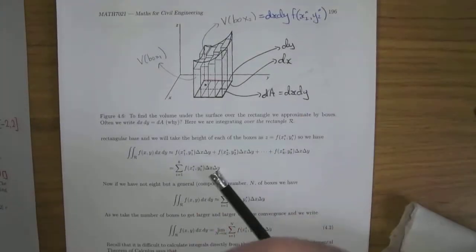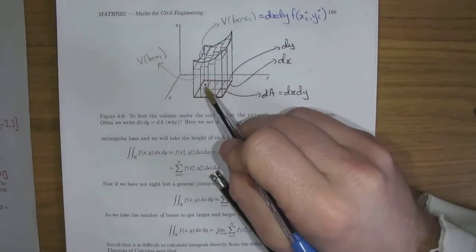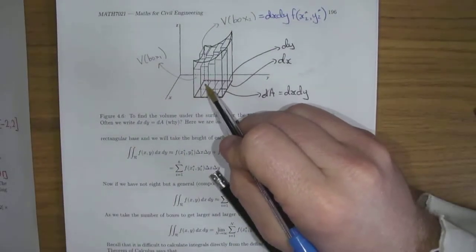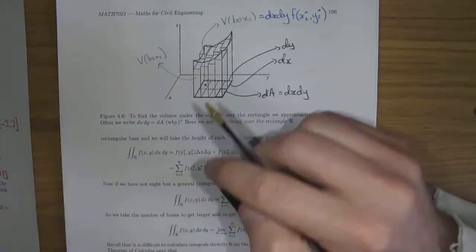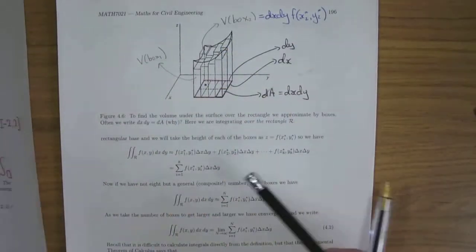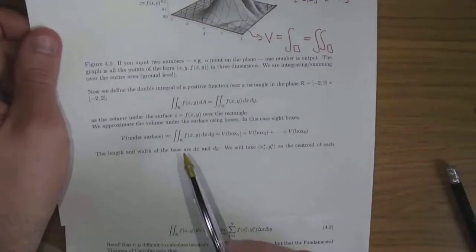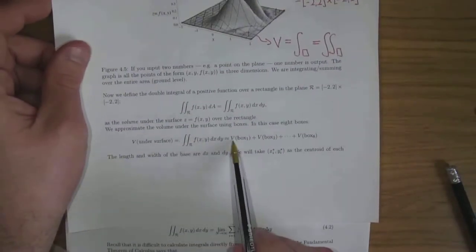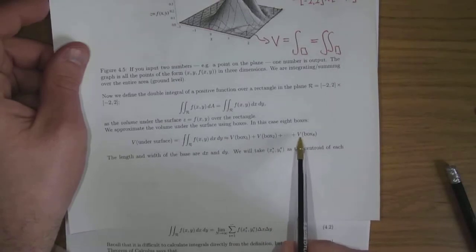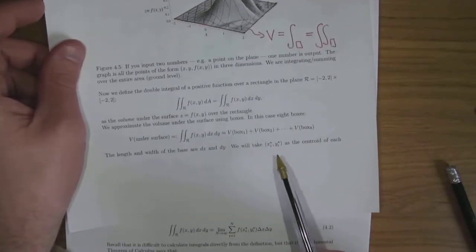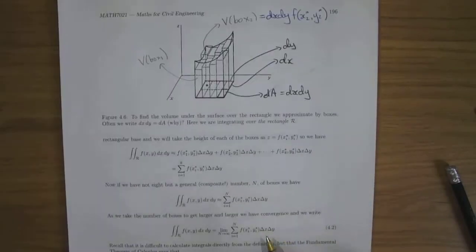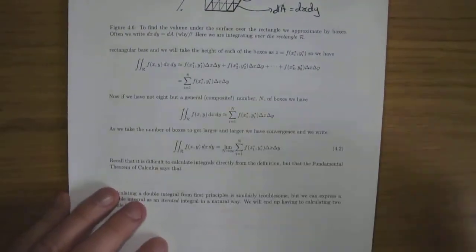So x2 star, y2 star is the middle of the second area here. So the volume under this is approximately equal. Just go backwards now. The volume is defined to be the double integral, which is approximately the volume of the 8 boxes added together. The length and width of the base are dx and dy. x star, y star is the centroid of each of the rectangular bases.